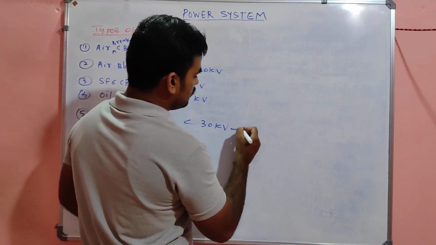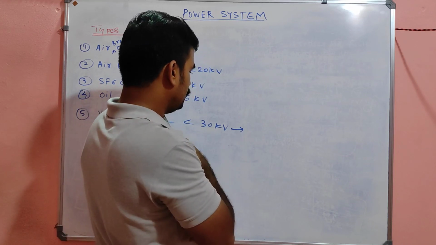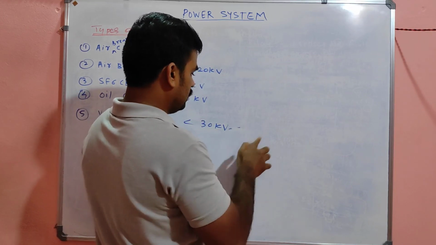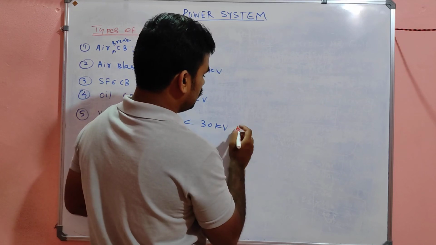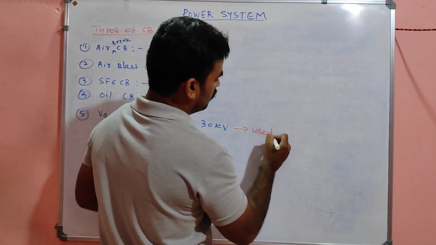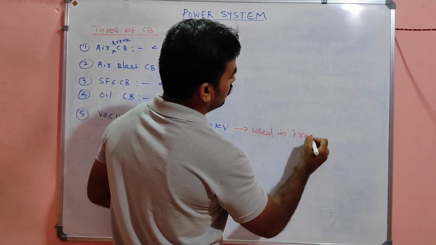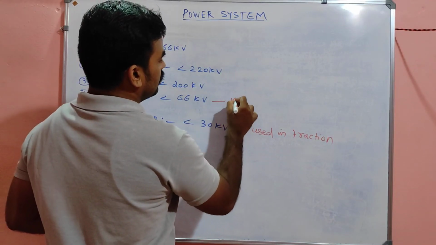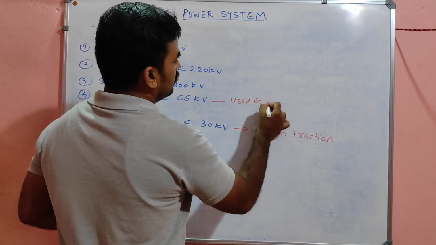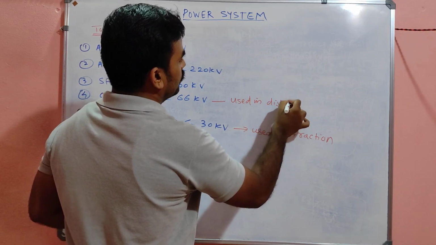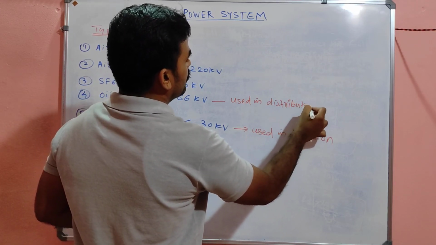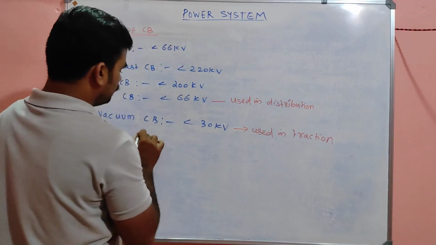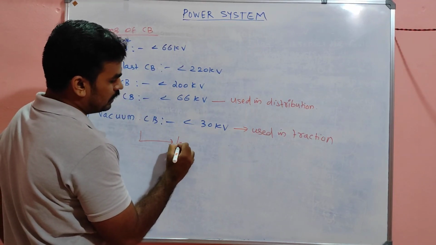You have to note it here: this is used in traction. And this oil circuit breaker is used in distribution. And this vacuum is less used.